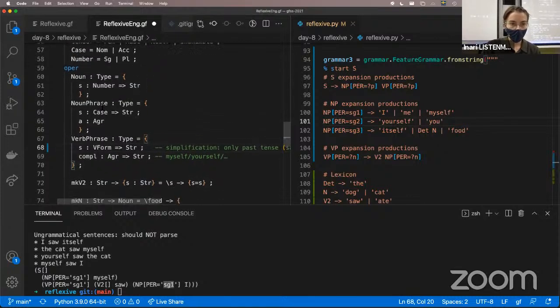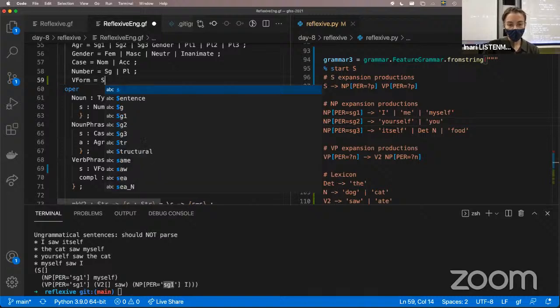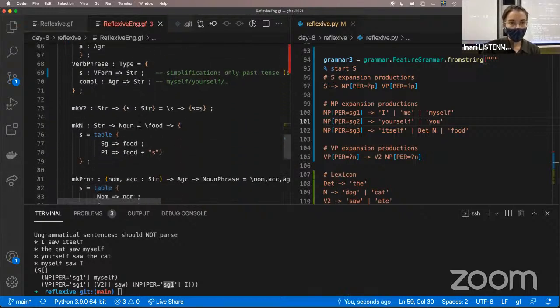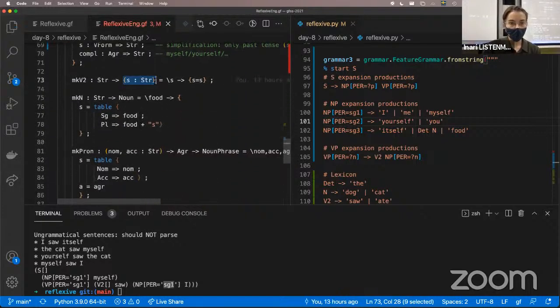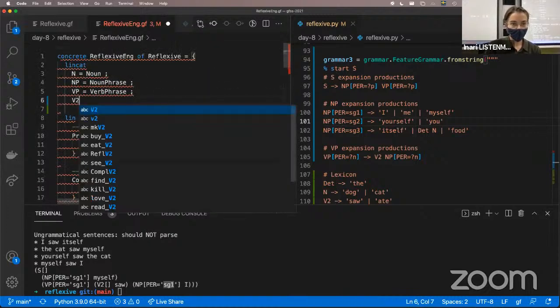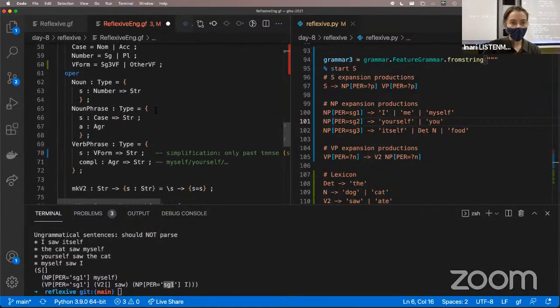So a new param: Singular 3 verb form, other verb form. Now we need a new lincat. A new oper.